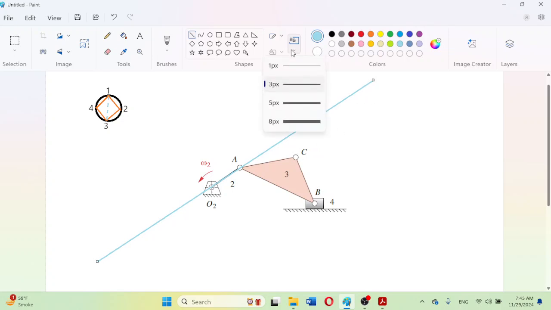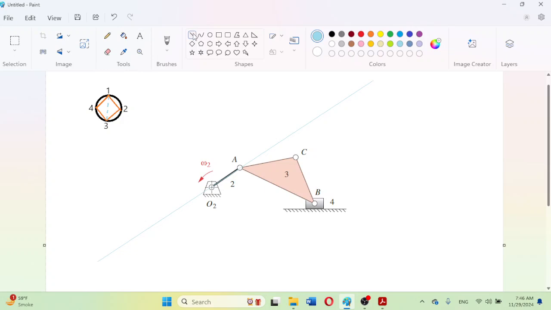So we can use its weight a bit thinner, so that the actual links are clear in the diagram. So this is the line connecting the instant centers 1,2 and 2,3, and after that we will be connecting the line connecting the instant centers 4,3 and 1,4.